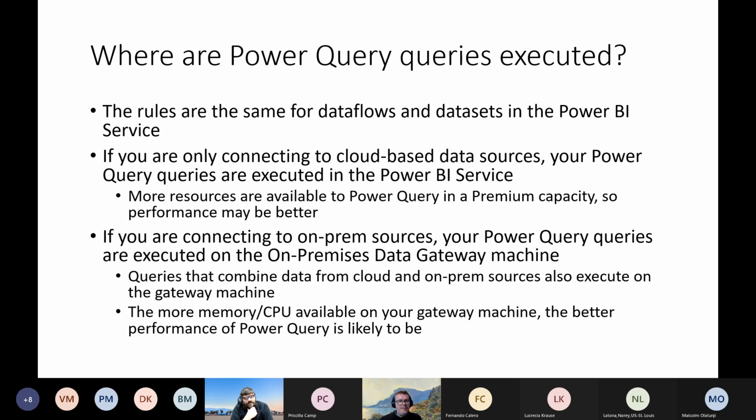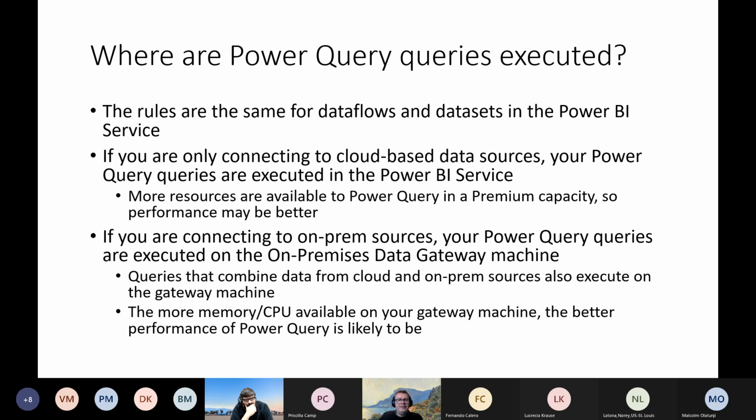And the gateway allocates more resources to your Power Query queries, depending on how much CPU and how much memory you've got available on your gateway. So the spec of your gateway machine can have an influence on how fast your Power Query queries run.